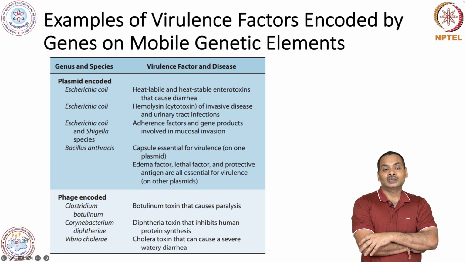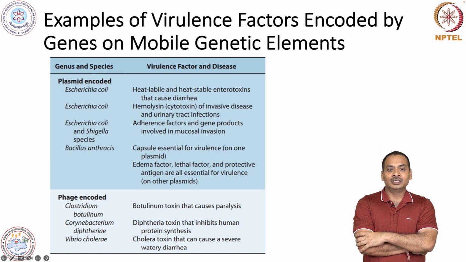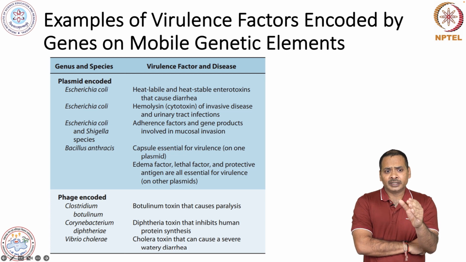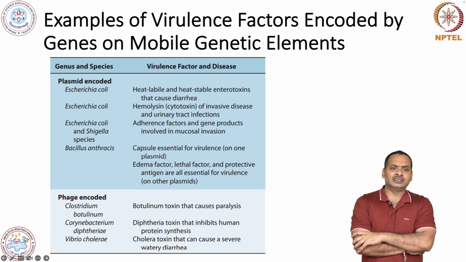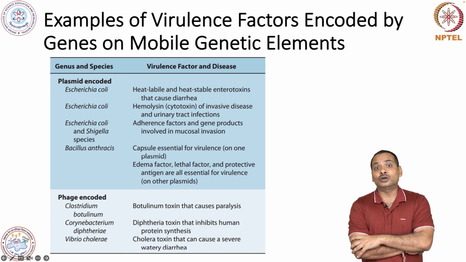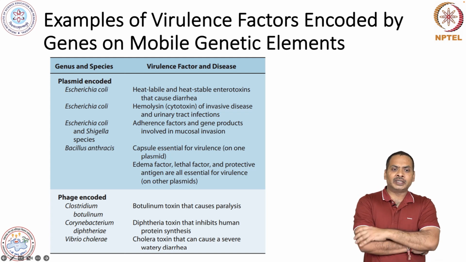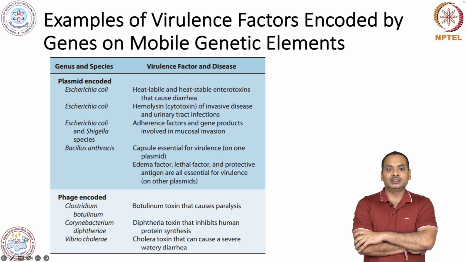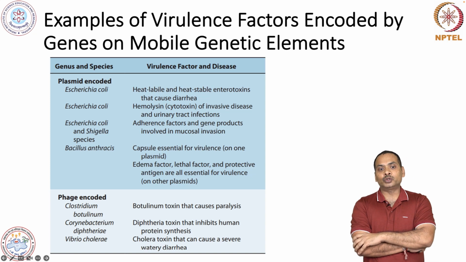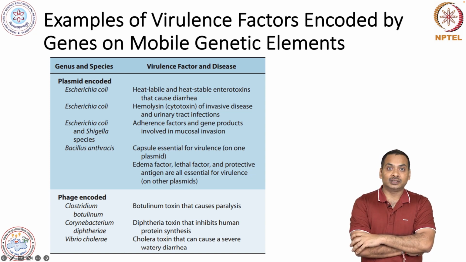So this is a very dangerous bacterium. There is a plasmid in Bacillus anthracis which encodes a capsule essential for virulence, and there is another plasmid which encodes the edema factor, lethal factor and protective antigen, which are essential for virulence.